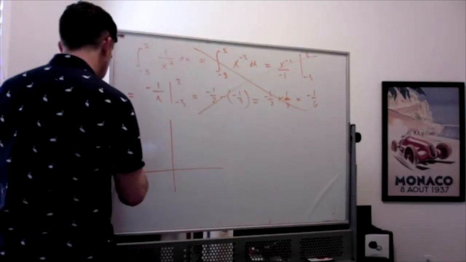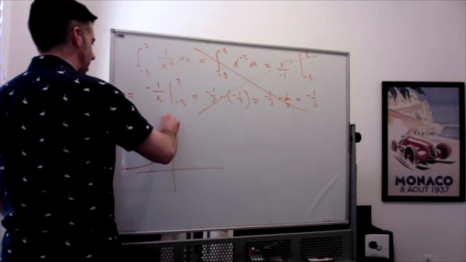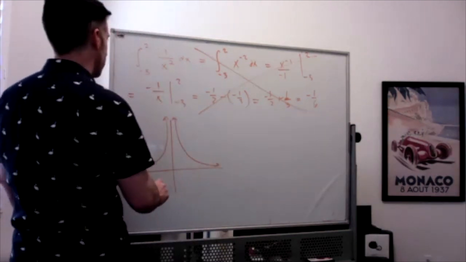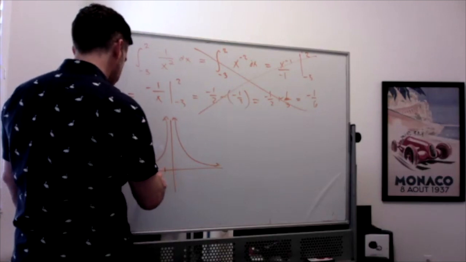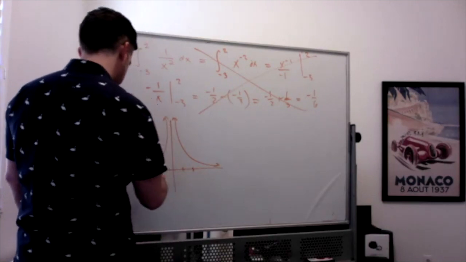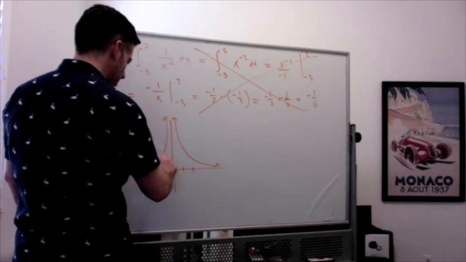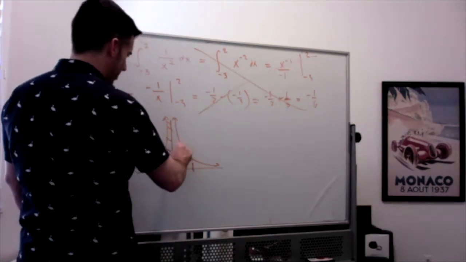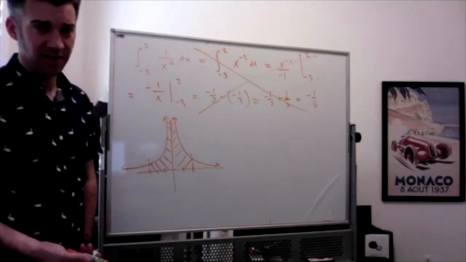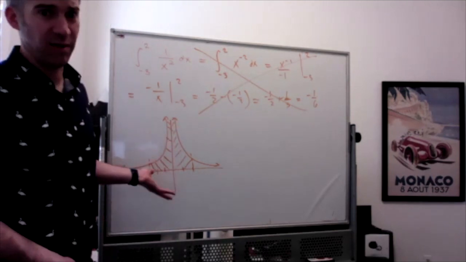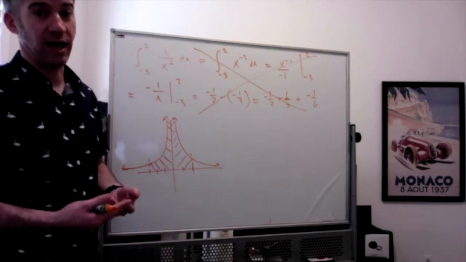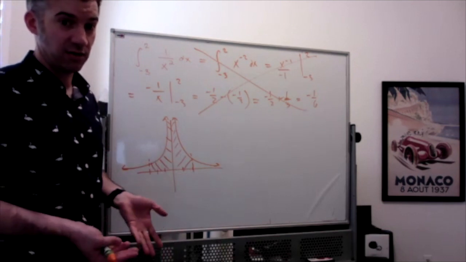So something like this, vertical asymptote, and something like this. So if I go from -3 to 2, well, I definitely shouldn't be getting a negative answer, right? That's a positive amount of area. So there's something wrong with what I've done. And the thing that's wrong is I haven't accounted for the fact that it's undefined at 0.